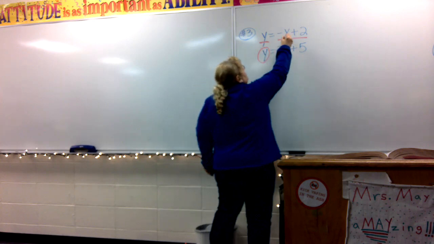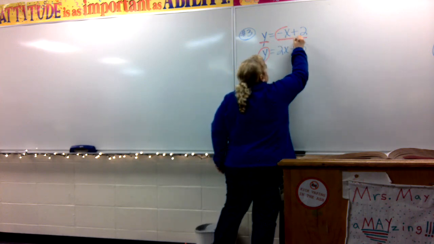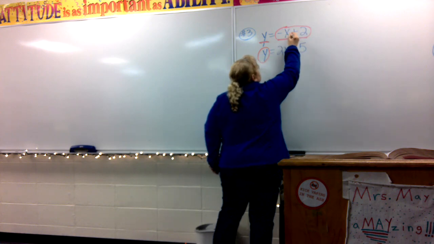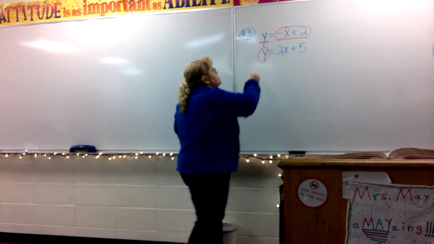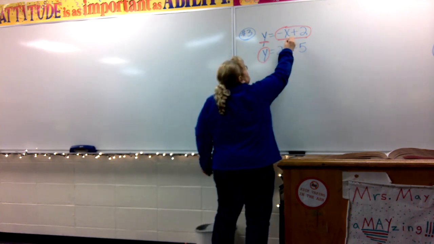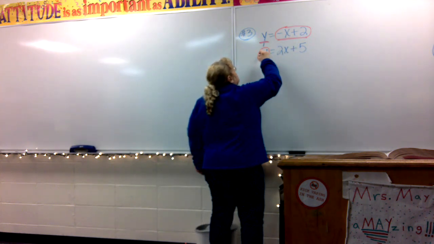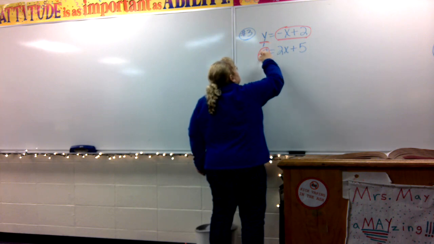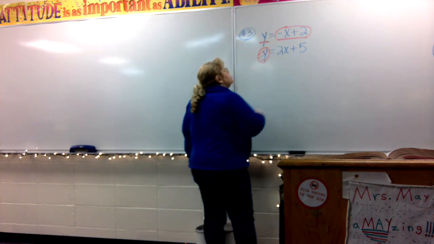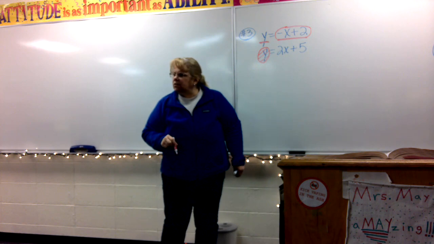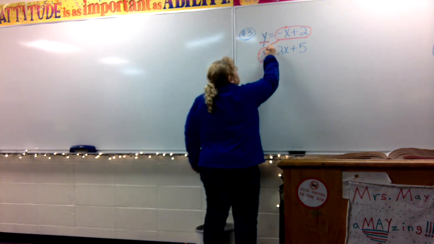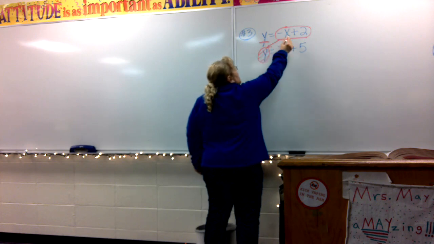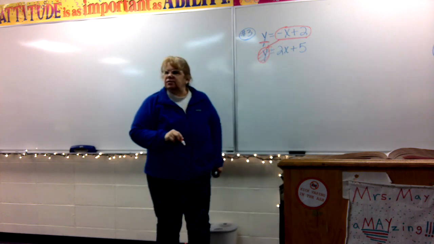What is y equivalent to again? Y is equivalent to negative x plus 2. Those two things are the same. So down here, instead of that y, we're going to substitute. We're going to replace it with the thing that y is supposed to be equivalent to.